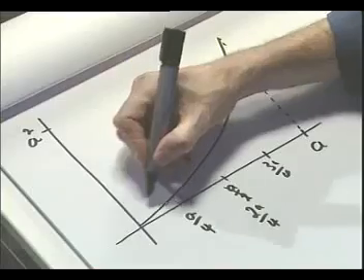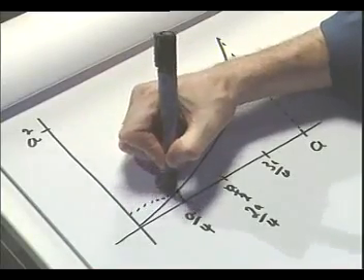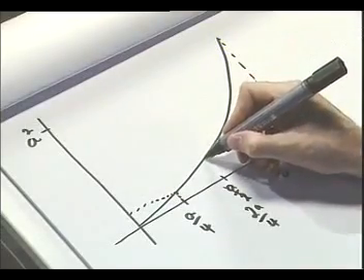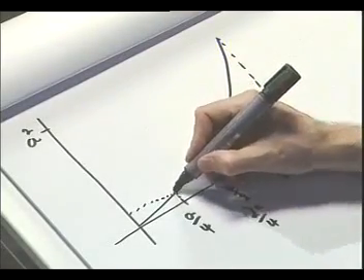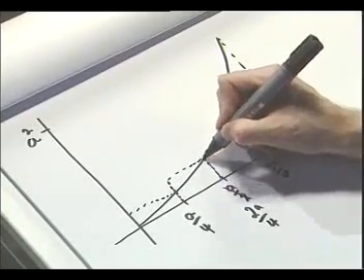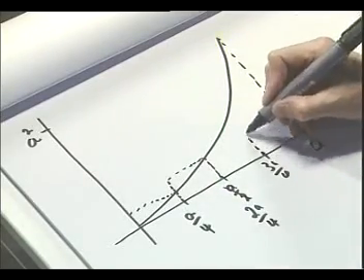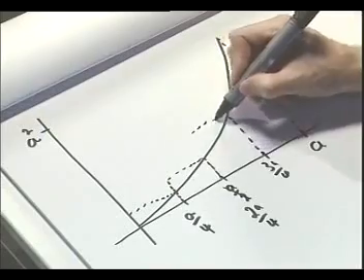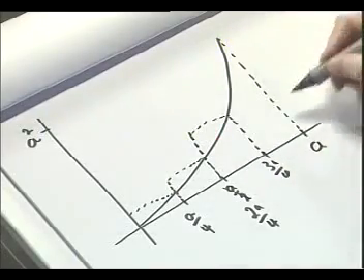Now, where are our rectangles? Well, there's a rectangle there. There's another one there. There's another one there.